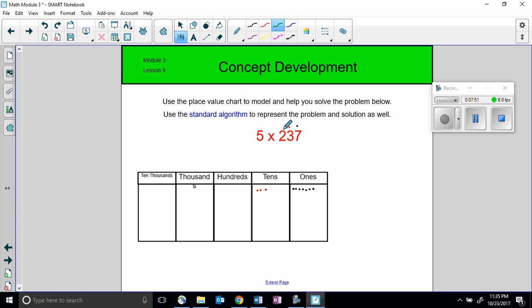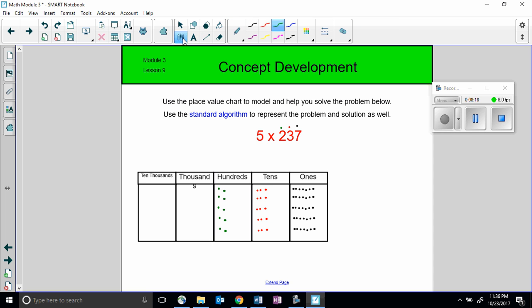And then how many 2s, or hundreds? 1, 2. Whew. I need 5 groups. That would be my second group, my third group, my fourth group, and my fifth group. That's a lot of ones. That's a lot of tens, and that's a lot of hundreds.